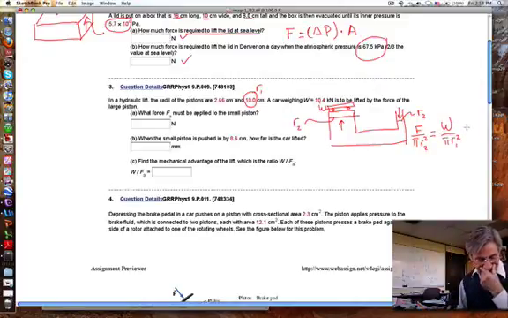So that's basically how you find this force.